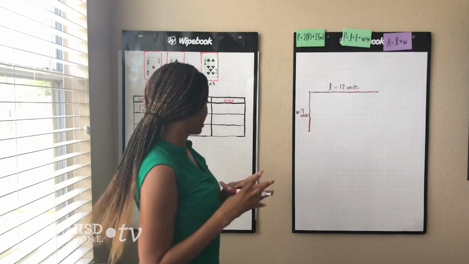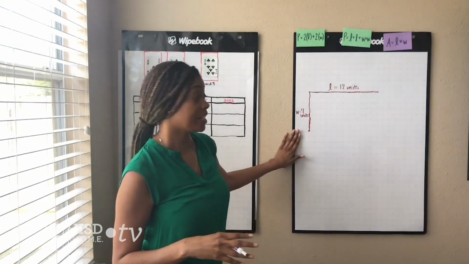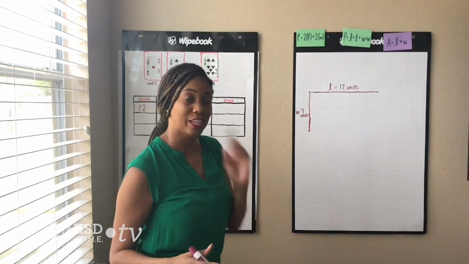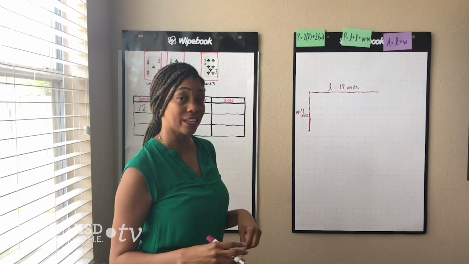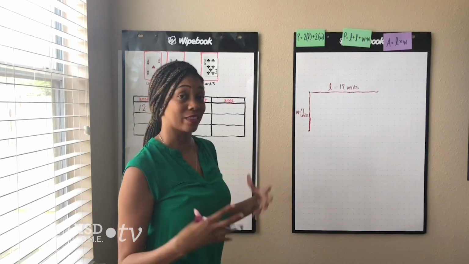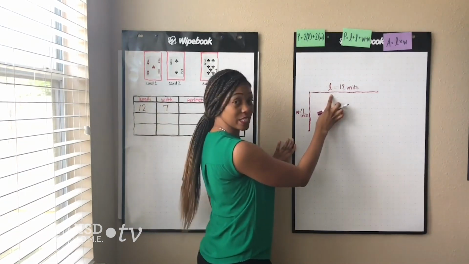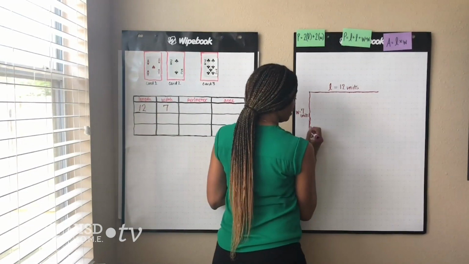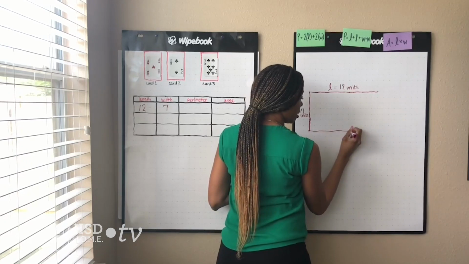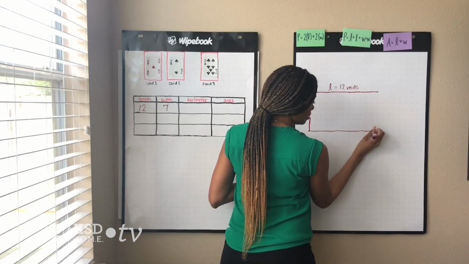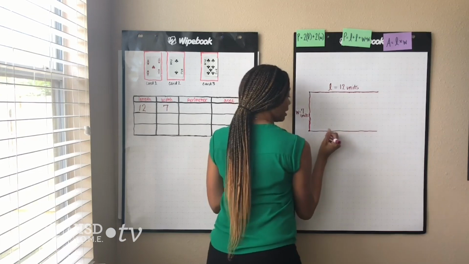The next thing is that I want to actually create a rectangle. And because I know the definition of rectangle means the opposite sides are the same, I know that if this top value is 12 units, that means my length at the bottom is going to also be 12 units. And I'm going to label it.